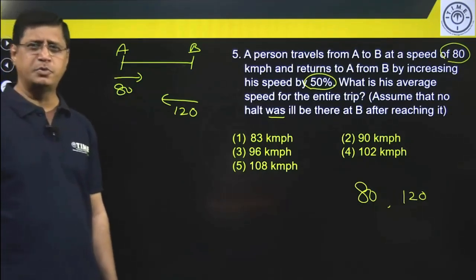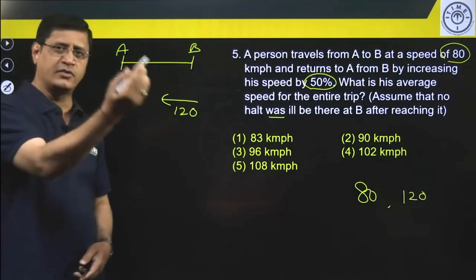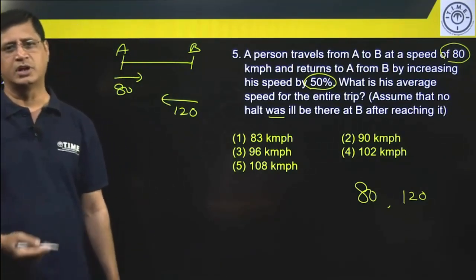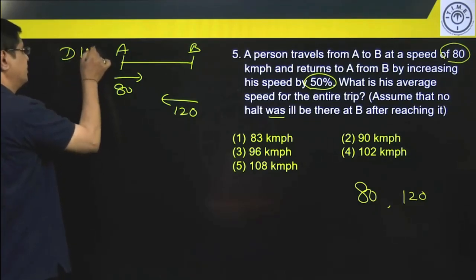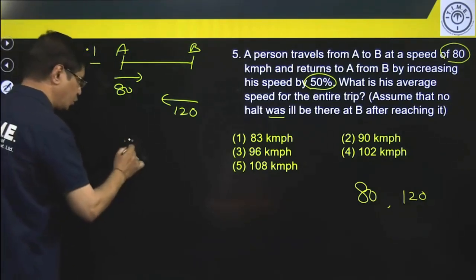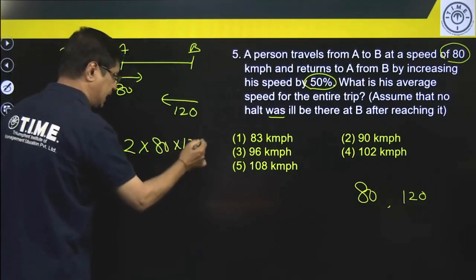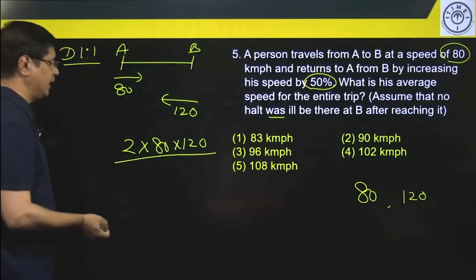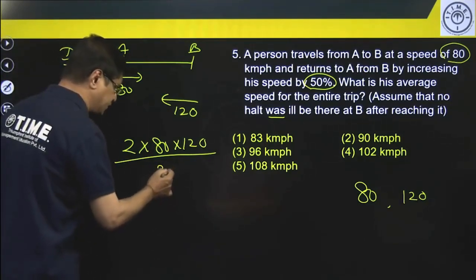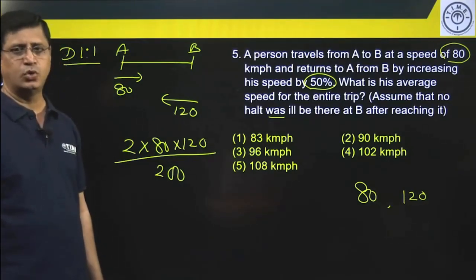Now what is the average speed for the entire journey? Here distances are same. The distance covered in the forward journey and the return journey both are equal. Then distances are equal. What is the average speed? 2 into product of the speeds by sum of the speeds. 2 into 80 into 120 by sum of the speeds, that is 80 plus 120, 200.